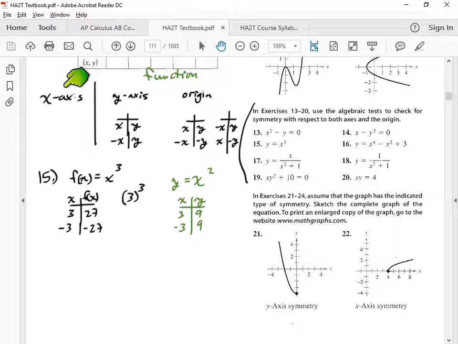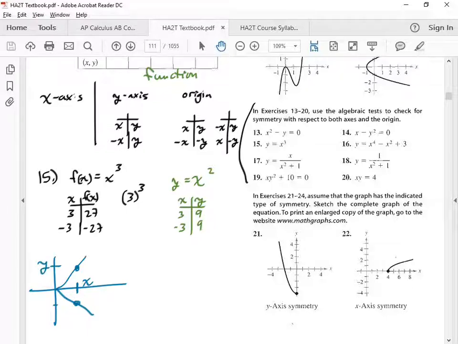Now the x-axis, this one's a little different. The x-axis, these are not functions. If you're symmetrical about the x-axis, you're not a function. See, check this out. Here it looks like a sideways absolute value function. This is symmetrical about the x-axis because this point is reflecting to this point. Okay, and they have the same x value. They have different y values.